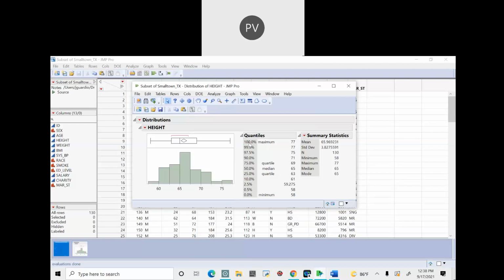That's your maximum value. Minimum is the ground level, 0%. The middle value is your median, which is 50%. And the value at that 50% is 65.